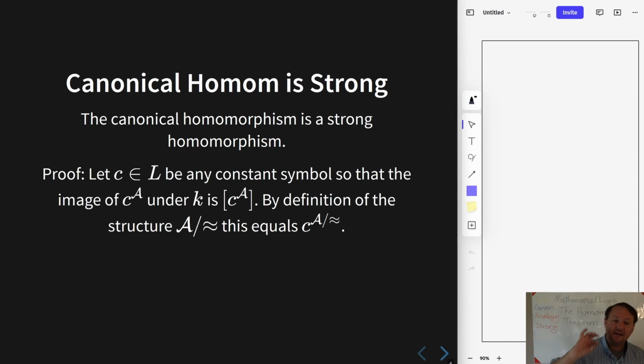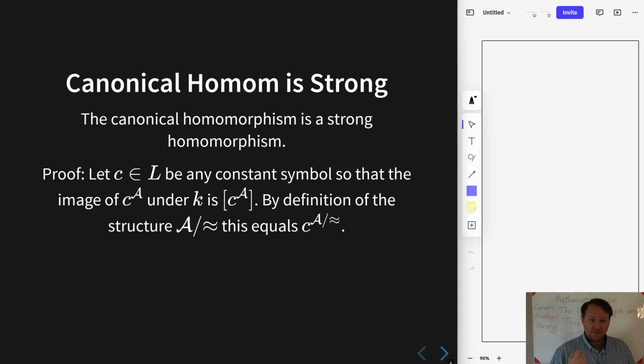So take any constant symbol in our language. Now, what we want to do is see that the image under the map K, which we're going to call the canonical homomorphism, is the same thing as that constant symbol's interpretation in the quotient structure, the range.